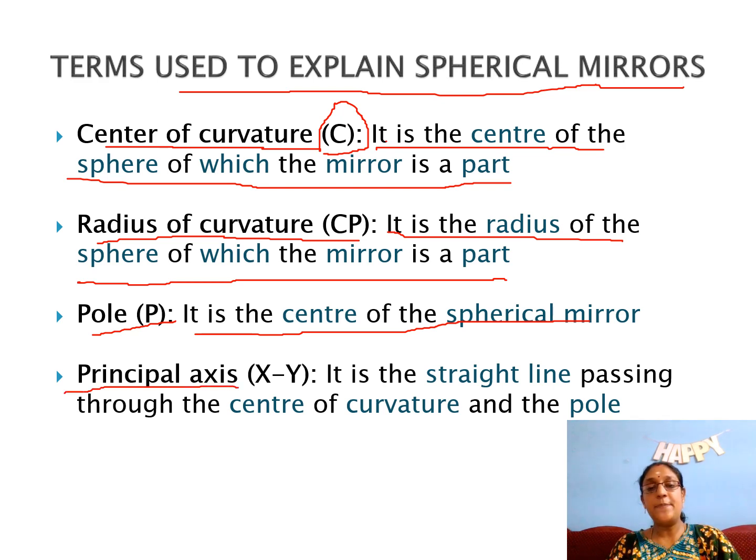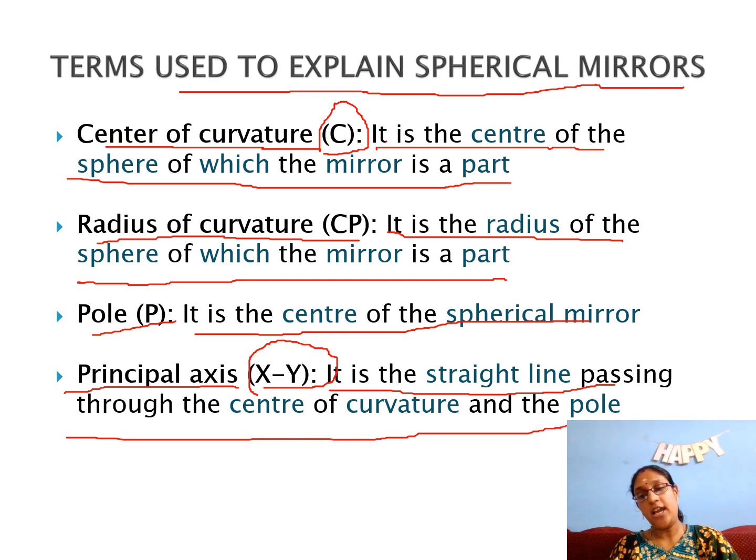Next is the principal axis. It is denoted by the letters XY. It is a straight line passing through the center of curvature and the pole.